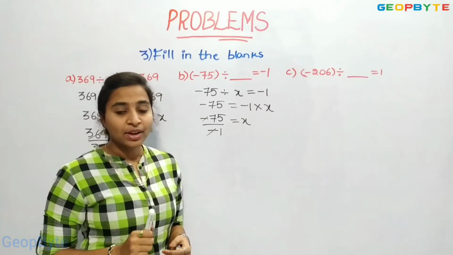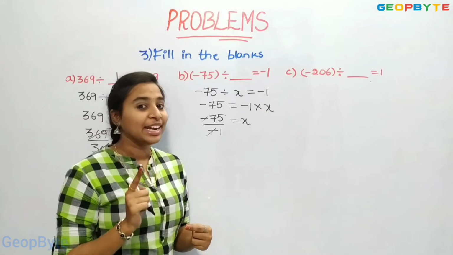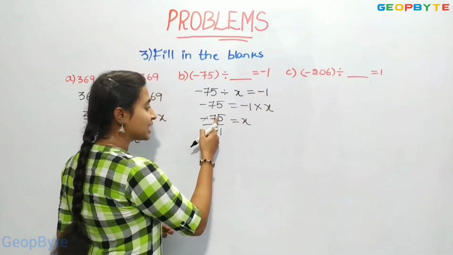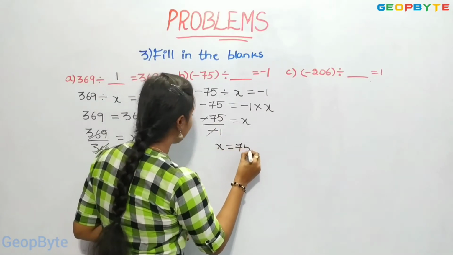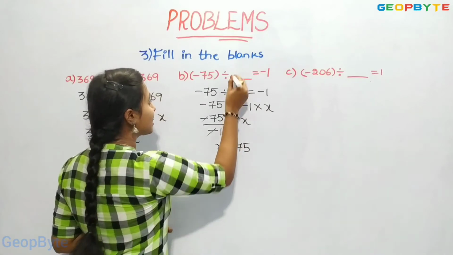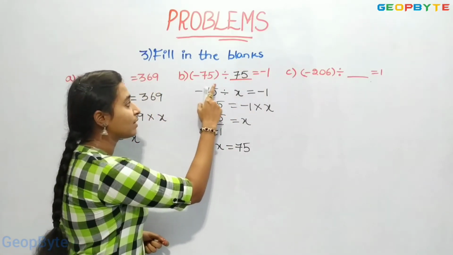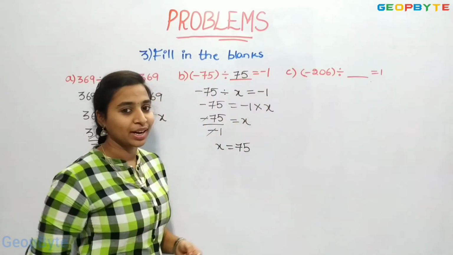When we have two minus signs in the numerator and denominator in division, they get cancelled. So, we have 75 by 1, that is x is equal to 75. Let us write 75. Minus 75 divided by 75 is equal to minus 1.